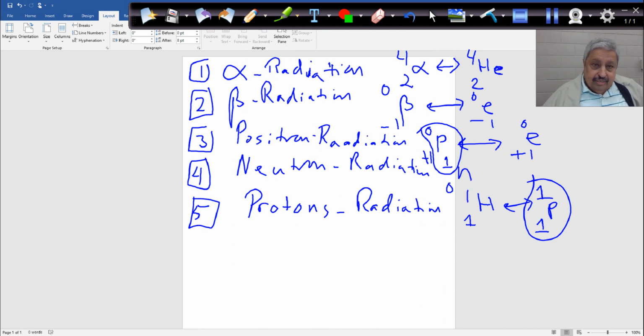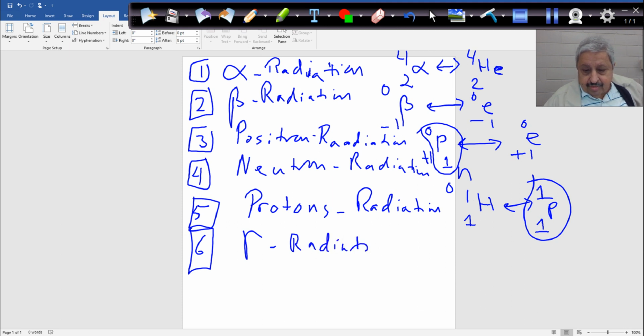Okay, number 6, gamma radiation, and it has only 1. Gamma 0, and the atomic mass 0, and the atomic number or charge is 0.